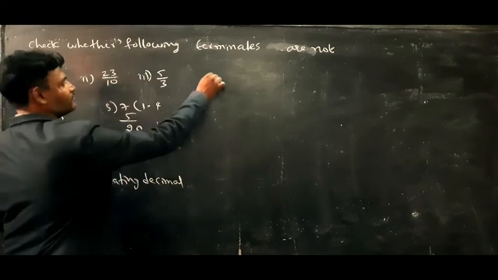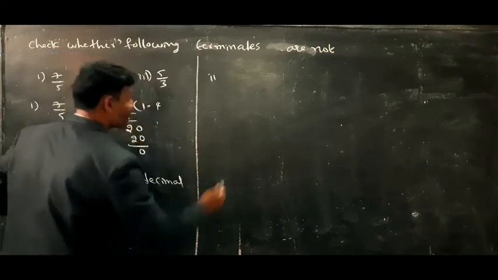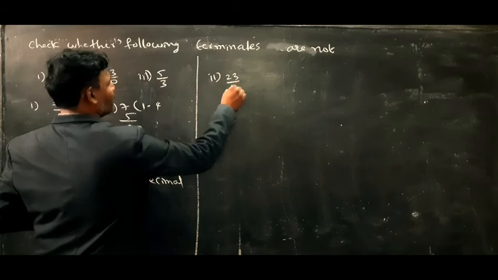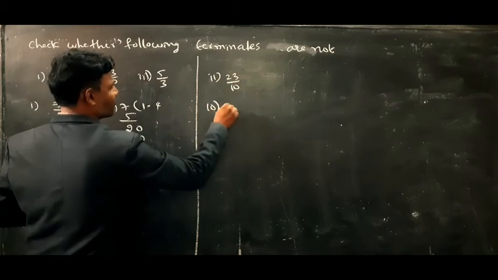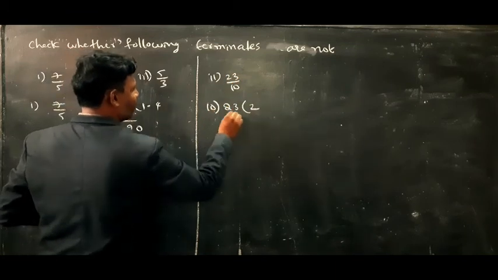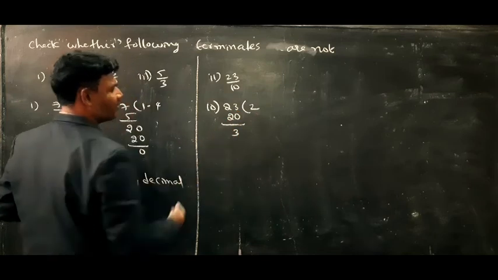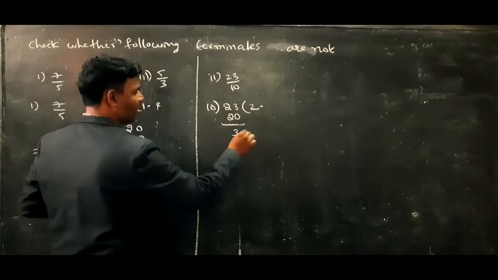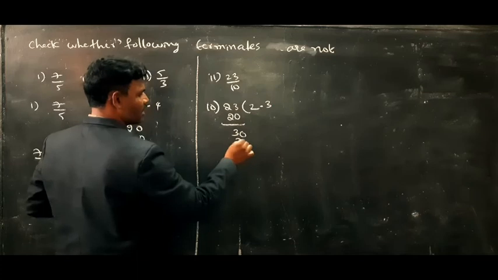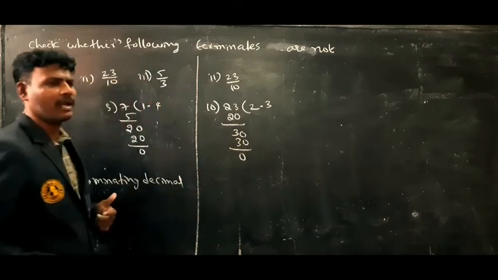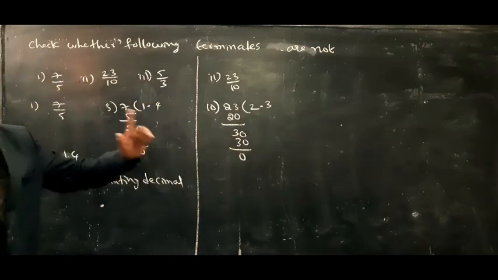Second one, 23 by 10. 10 2s are 20, remainder 3. Keep point and take 0. 10 3s are 30. Here also the remainder is 0. It is also a terminating decimal.